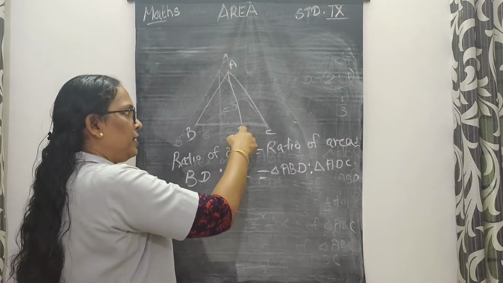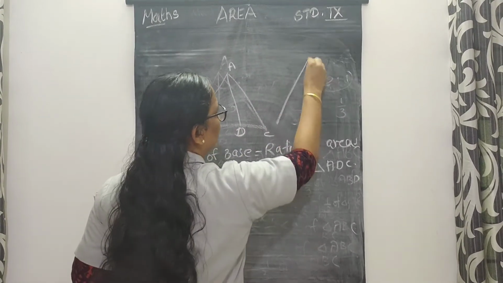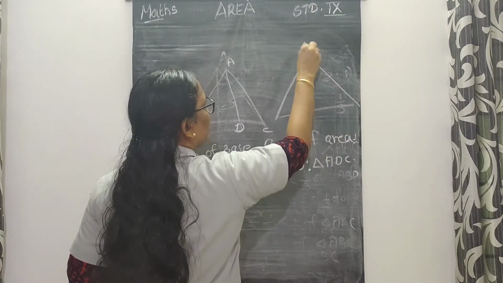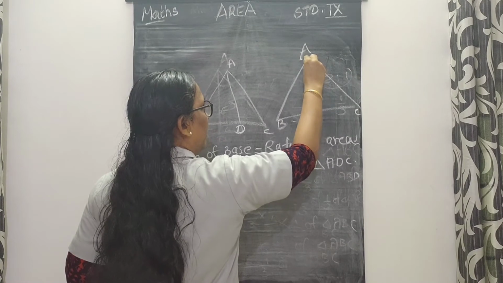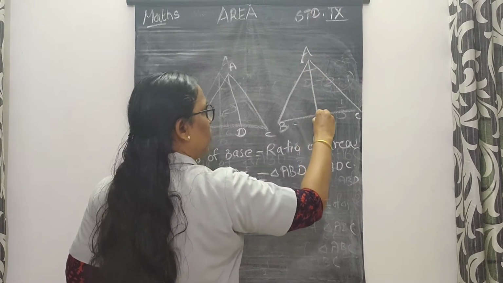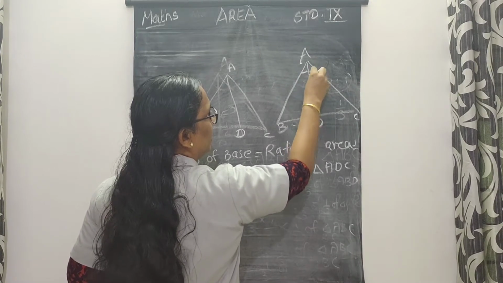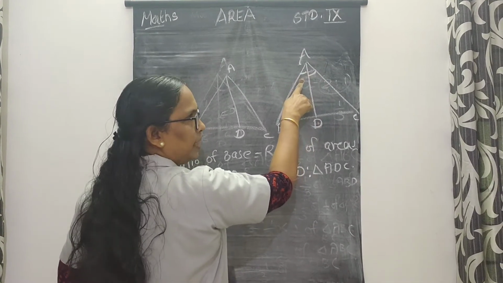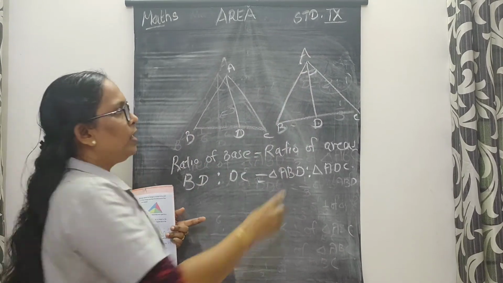Then the next concept, what is it? If this line is a bisector of the angle A, suppose the picture is like this. If there is a line which is a bisector of the angle, that is, this angle and this angle are the same, bisect means cut in the middle.